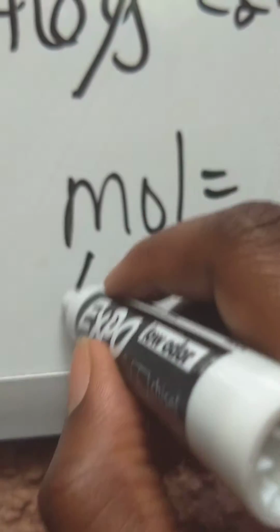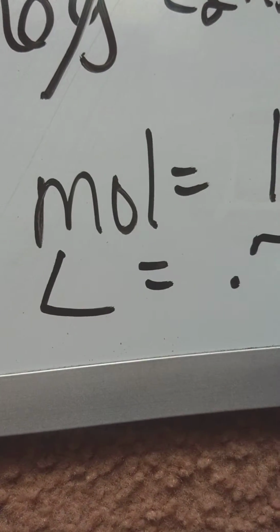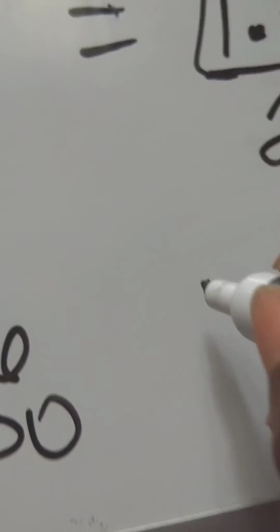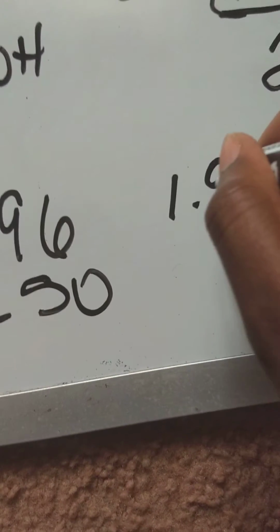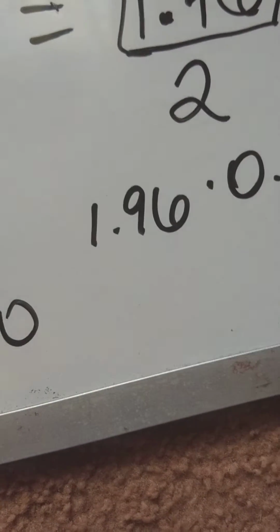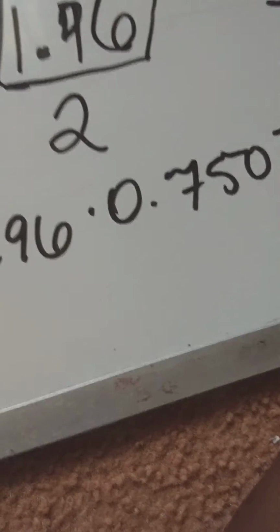Alright, so now that we have our moles equals 1.96 and liters equals 0.750, we just have to use the equation given, which was moles times liters to the -1. So 1.96 times 0.750 to the -1.